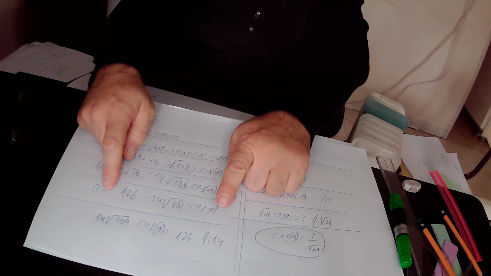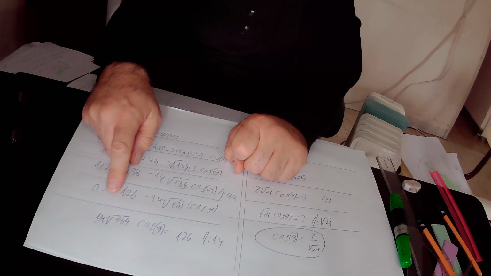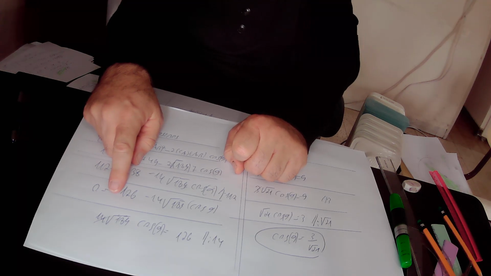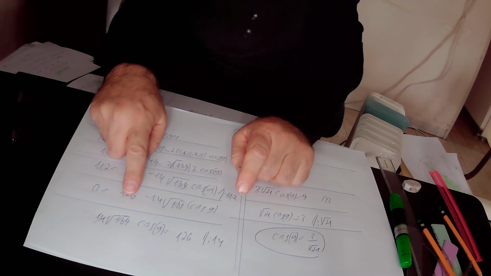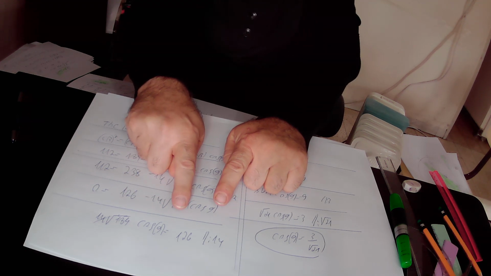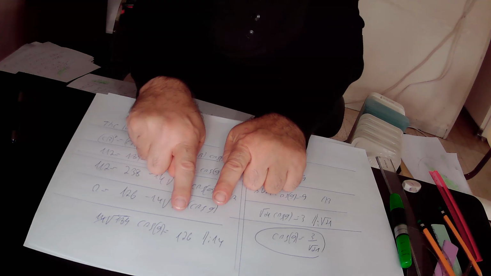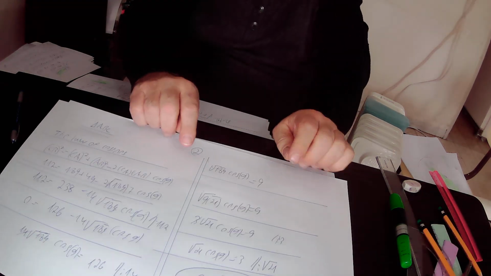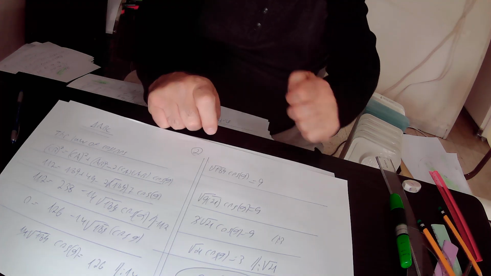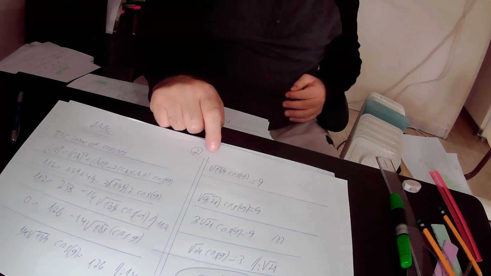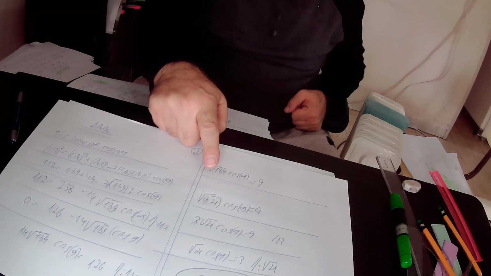Here we divided this equation by 14, so 14 gets cancelled. On this side we have only square root of 189 times cosine alpha, while on the other side we have 126 over 14, which is 9. So we found that square root of 189 times cosine alpha equals 9. Here we substituted 189 by 9 times 21.